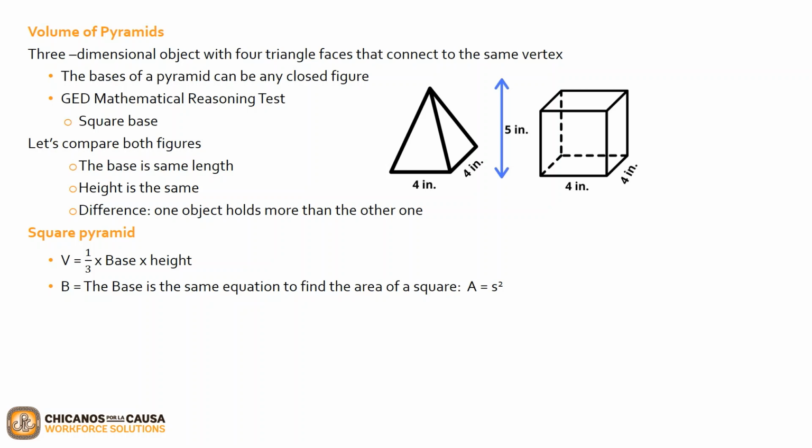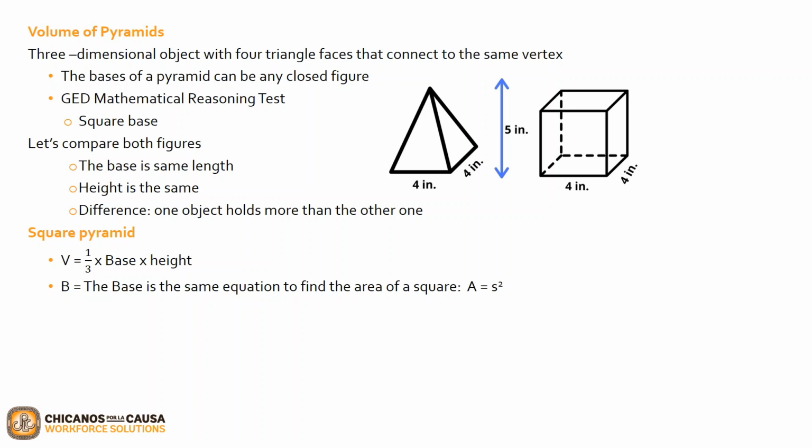Let's compare the 2 figures. As you can see, the pyramid holds much less than the rectangular prism. In fact, it only holds 1/3 of the rectangular prism's volume. The formula for finding the volume of a pyramid is volume equals 1/3 times the base times the height.